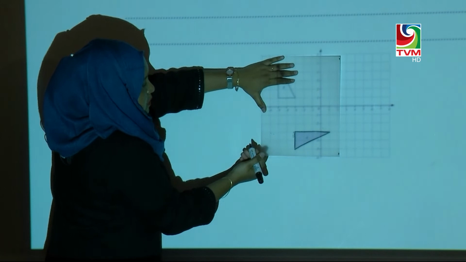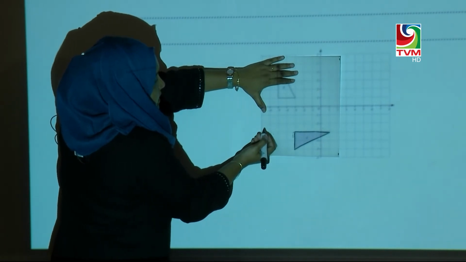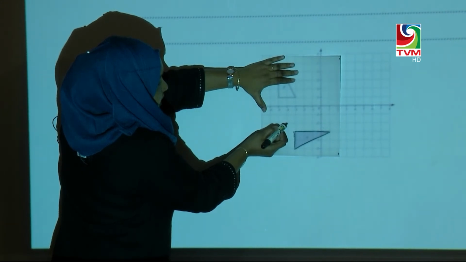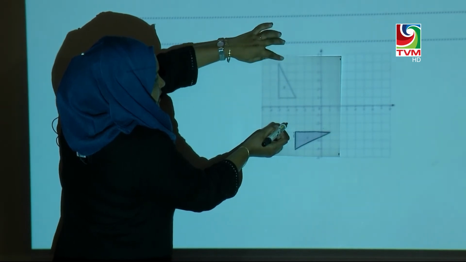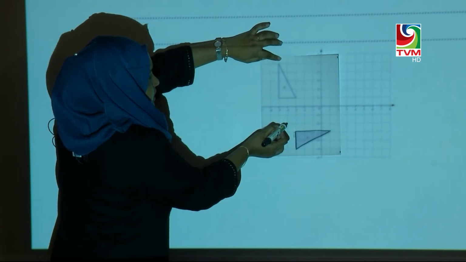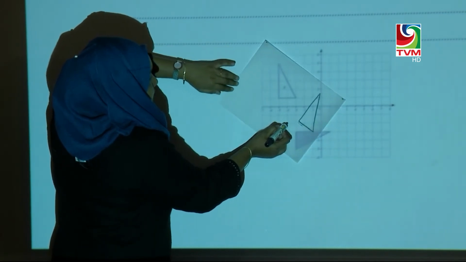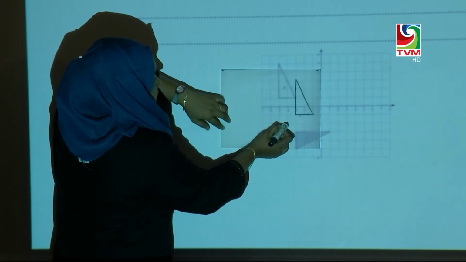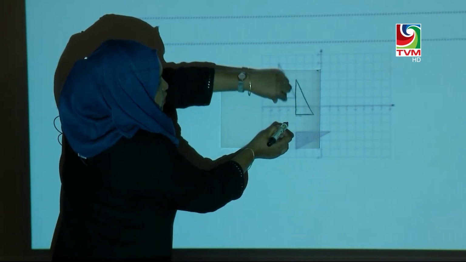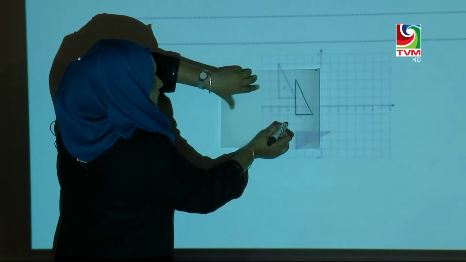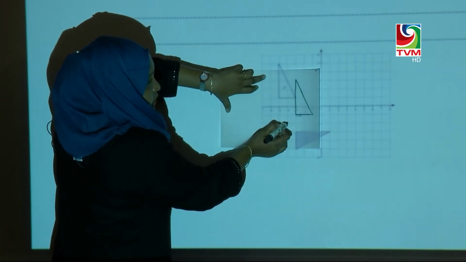Now you are going to guess where the center could be. I am going to start with this point, and we know that it is an anti-clockwise rotation. So I am going to rotate the tracing paper in this direction. If this is the center, what we have drawn here will exactly fit on top of the image. So this is not the center of rotation.